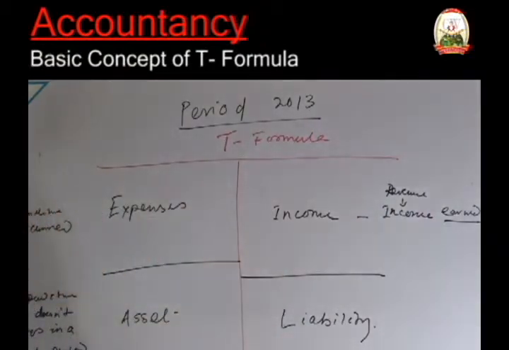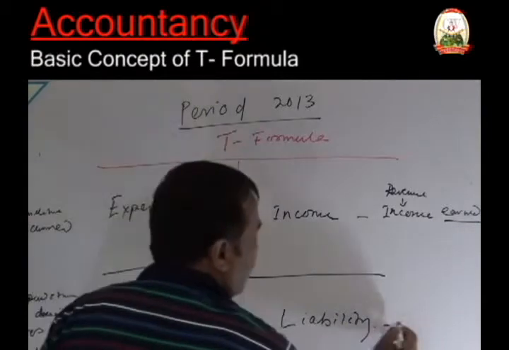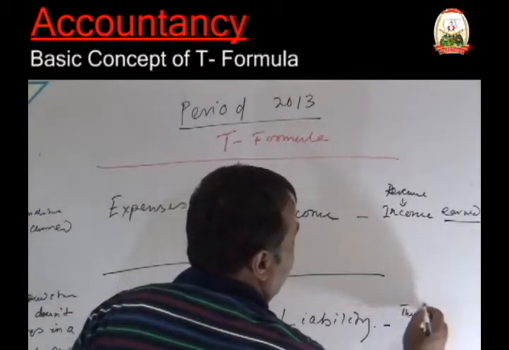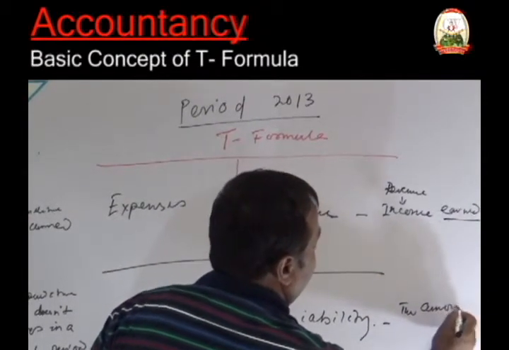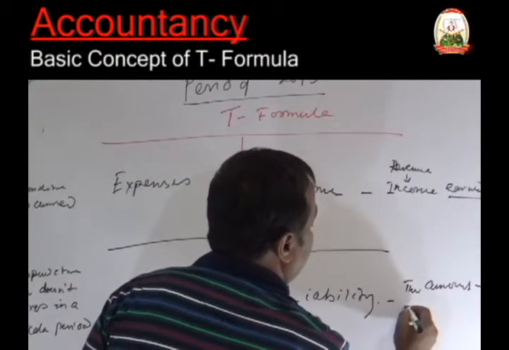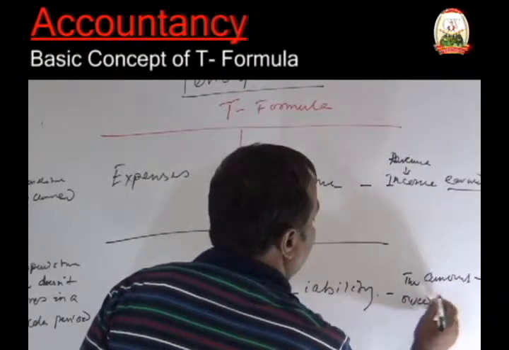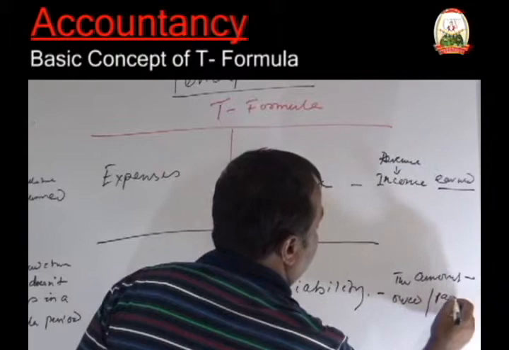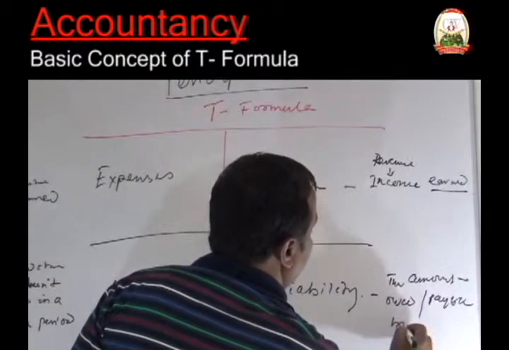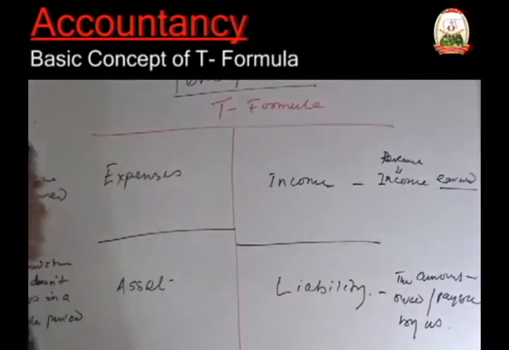Revenue earned. Similarly, liability is the amount owed or payable by us.